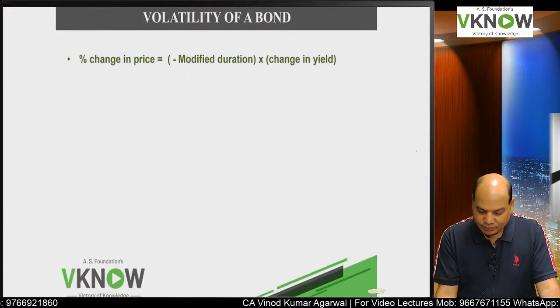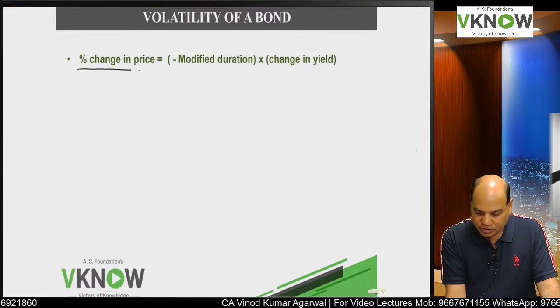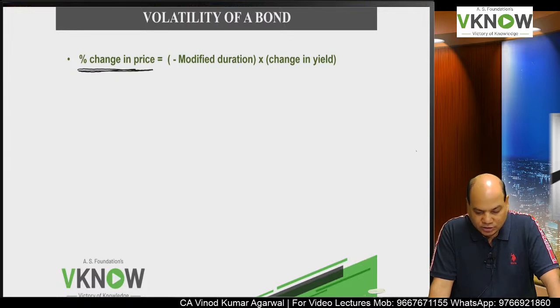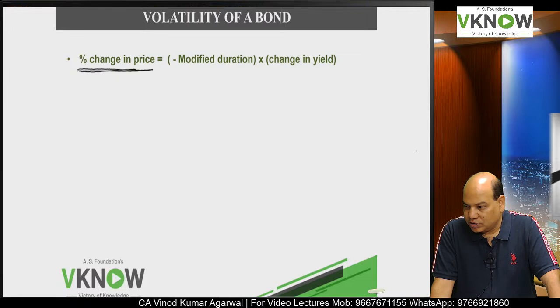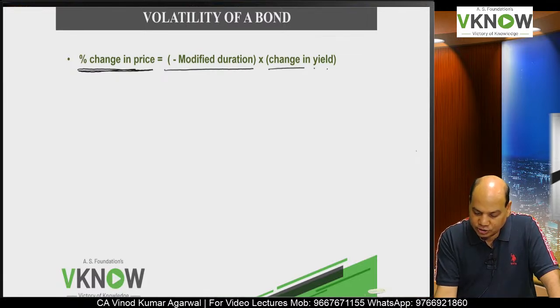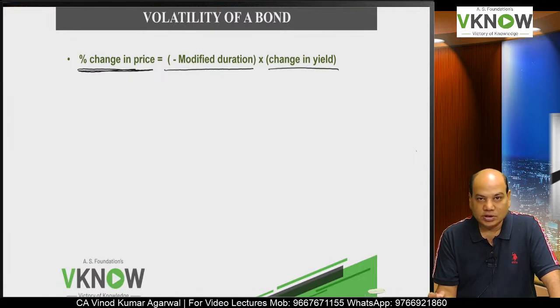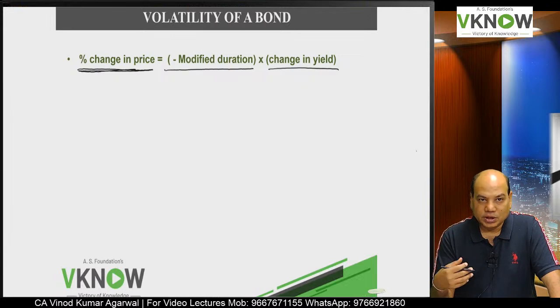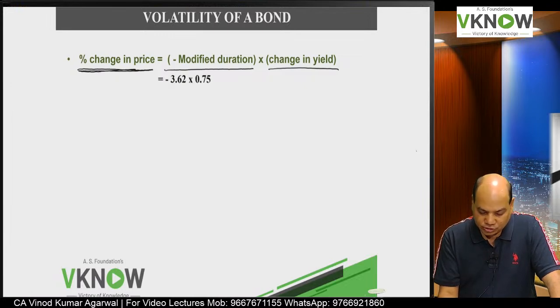So write down, percentage change in price of the bond equal to minus modified duration into change in yield. This is the purpose of learning duration. We can estimate by what percentage the bond price will change.